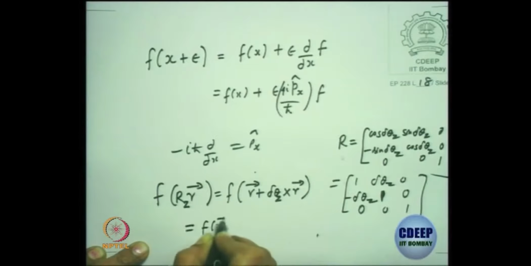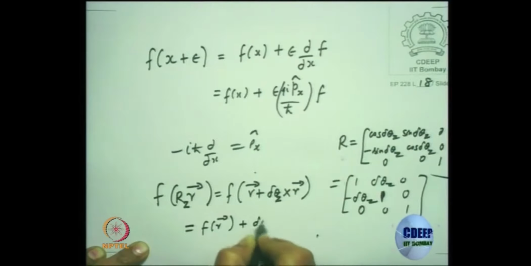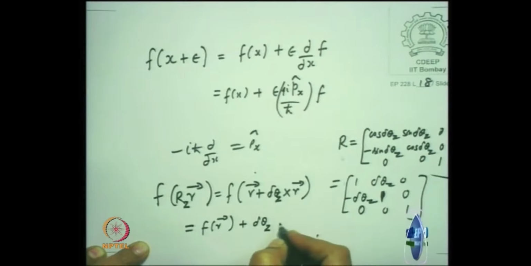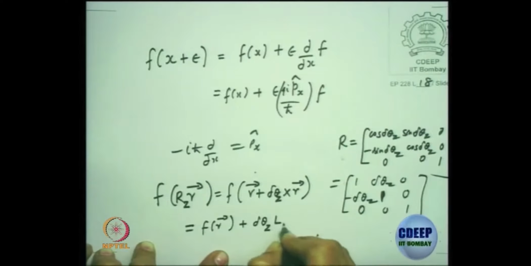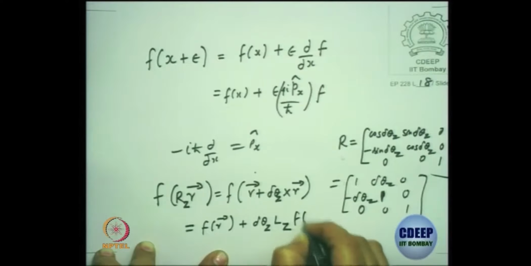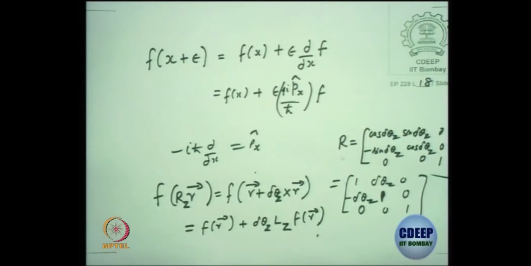You will see that it will be like f of r plus delta theta z Lz on f of r. I leave it to you to check.